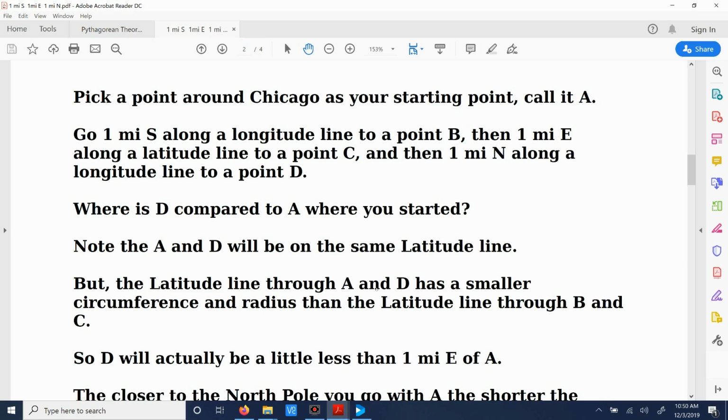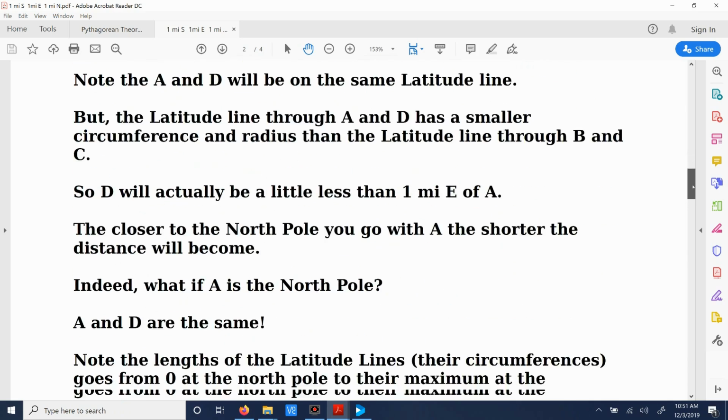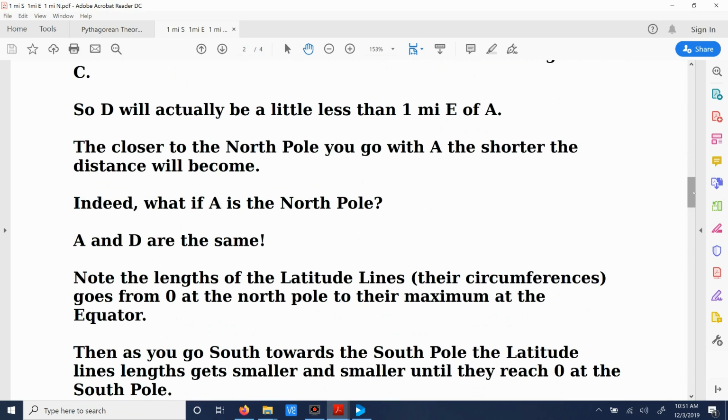The latitude line that goes through the points A and D has a smaller circumference than the latitude line that goes through B and C. Get a globe and look at that if you need to see that. In other words, as you go towards the North Pole, the latitude lines get smaller and smaller in circumference. So when you end back up at D, you're actually a little bit less than a mile east of A on that latitude line.